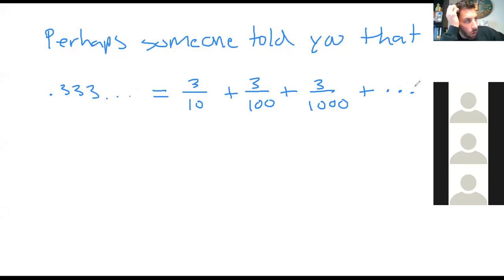And this is not wrong. This is correct. And this is where those words come from, when you were a young child learning about place value, you would learn about ones and tens and hundreds and thousands, but then you'd also learn about tenths, hundredths, 10,000ths.